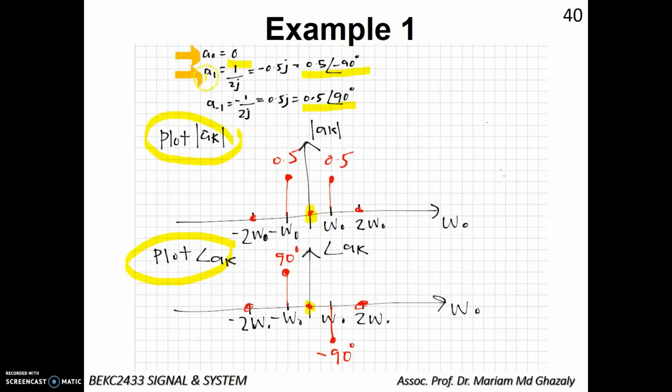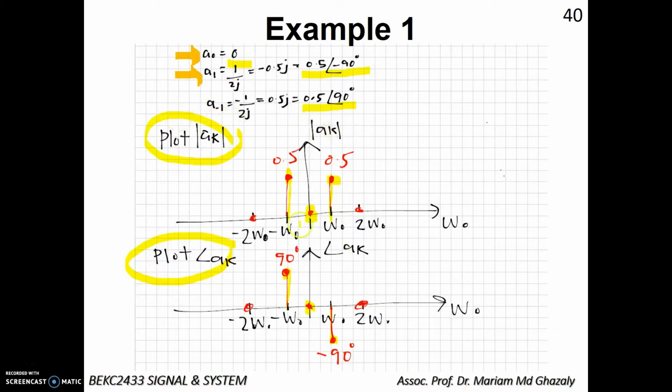Then you go to a1. For a1 you have 0.5, so the magnitude is 0.5, and the phase is minus 90 degrees, right? Then you look at a minus 1. For a minus 1, you have the magnitude at 0.5, and you have the phase at 90 degrees.